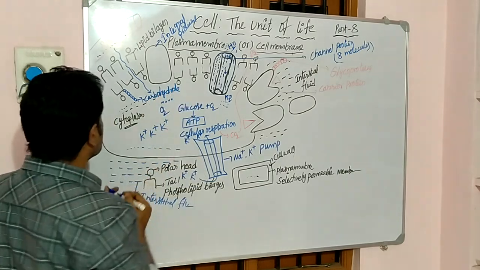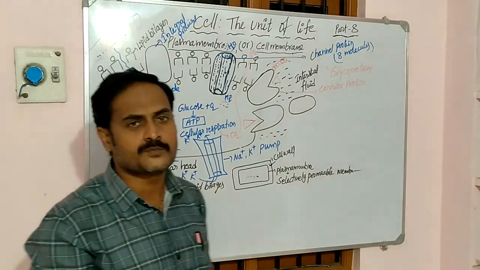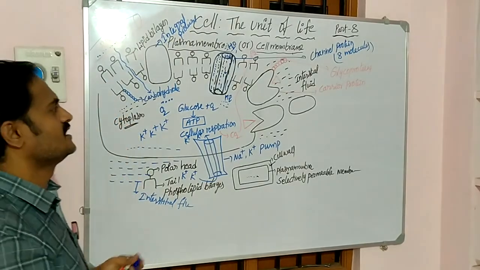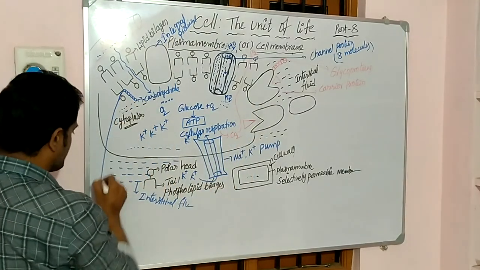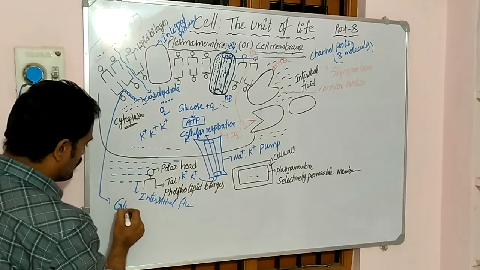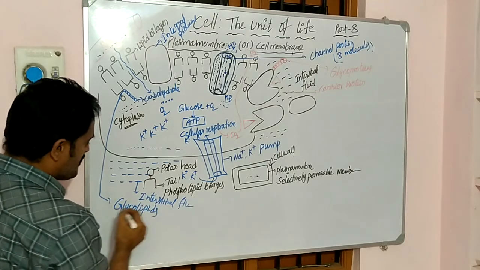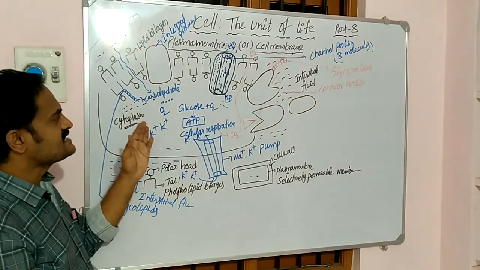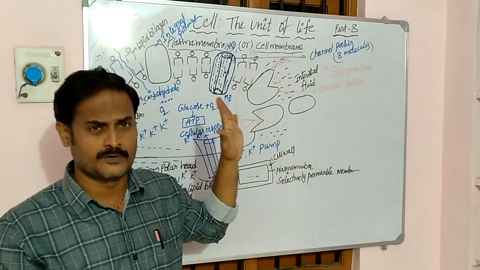The lipid which consists of carbohydrate is called a glycolipid. Remember that. The cell membrane or plasma membrane consists of glycolipids and glycoproteins.